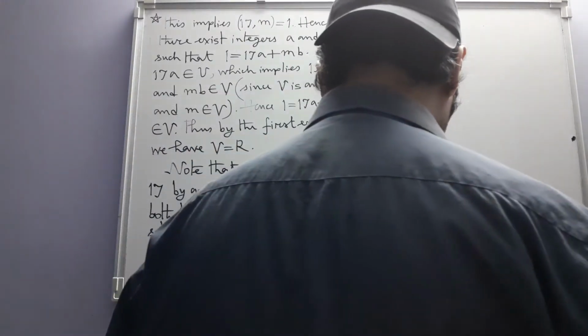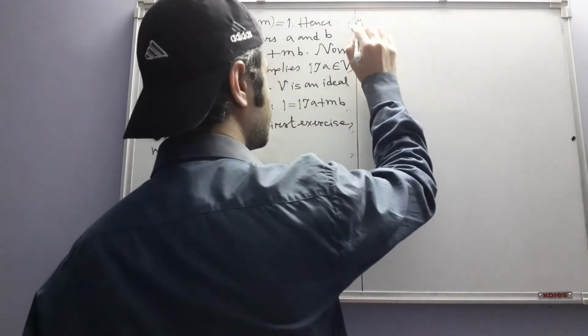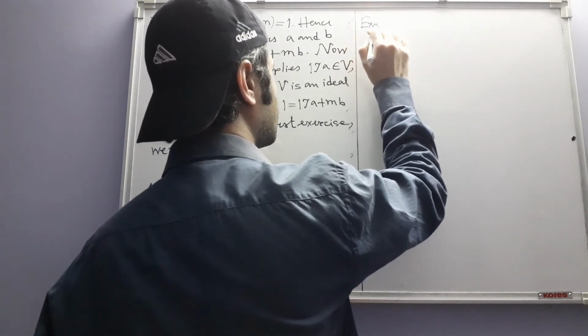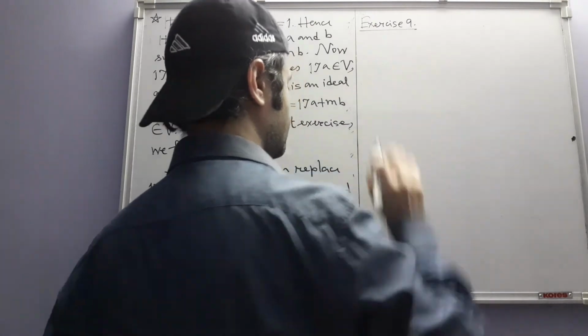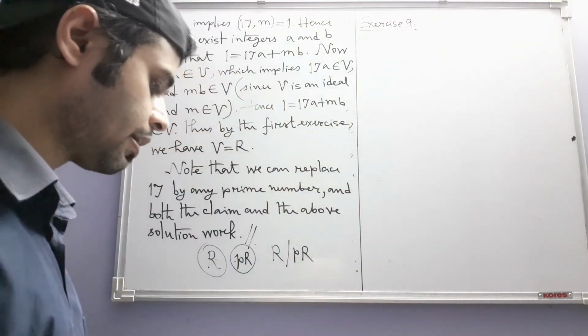Okay, so let us now go to the next exercise, exercise 9. So we again go back to general rings.